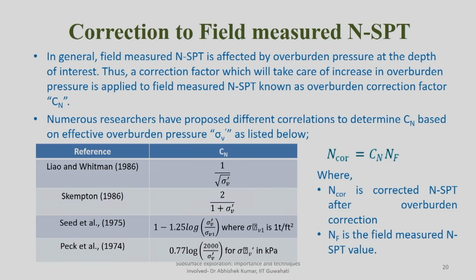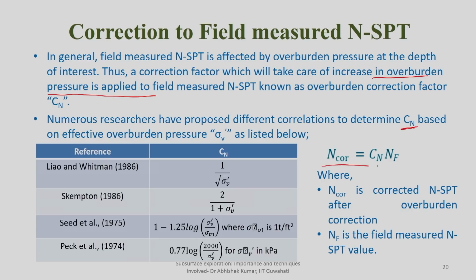Field measurements: once you collect the soil sample, as we all know, as you go deeper and deeper, there will be more confinement because of overburden pressure. So, in order to correct your field measured value with respect to borehole diameter and the depth at which you are collecting the soil sample, you have to apply a correction known as overburden correction.